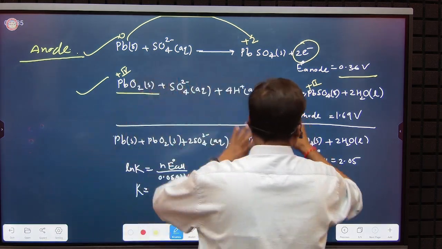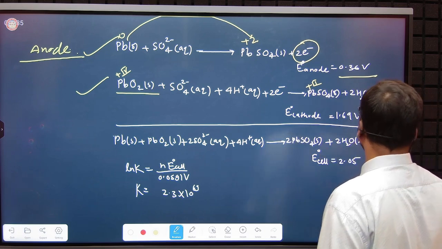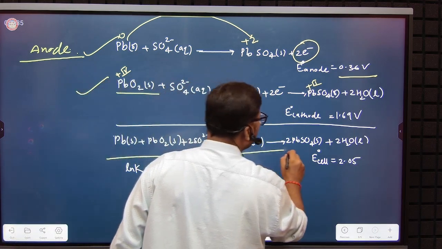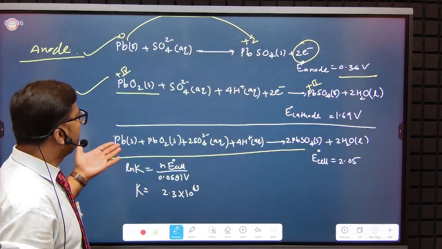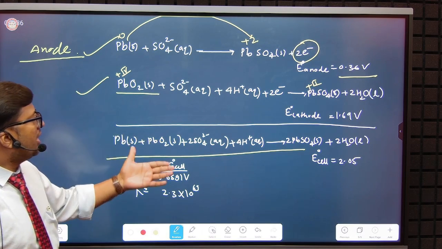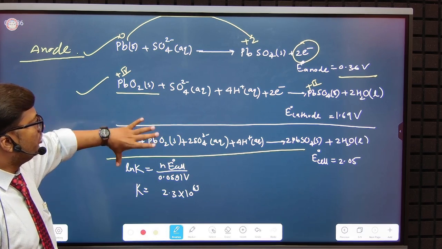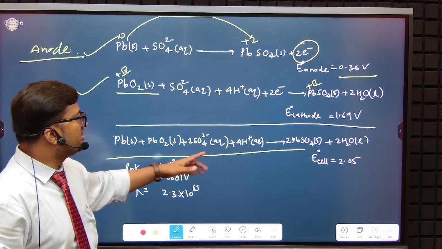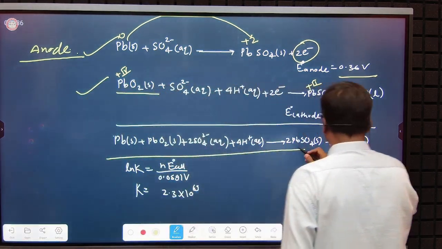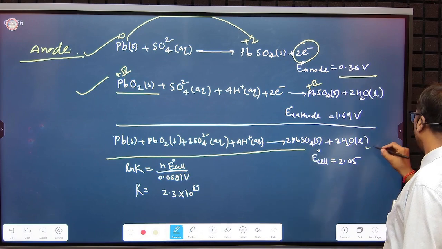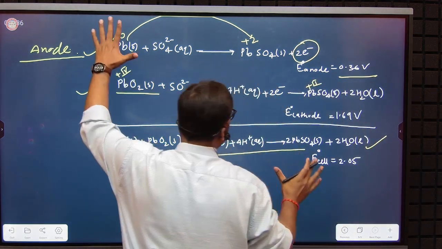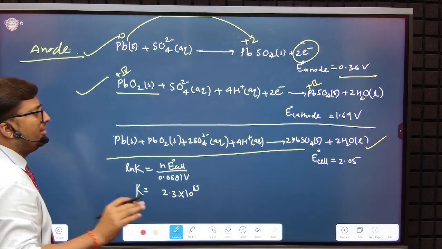Both these values produce the overall reaction. Lead in solid state reacts with lead dioxide, both solid, and H2SO4 is an aqueous ionic component. The products are lead sulfate and water, which is liquid.